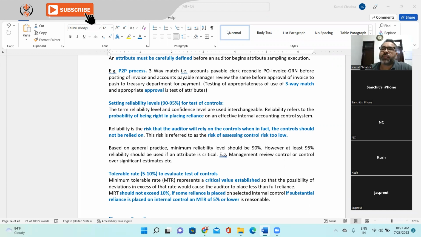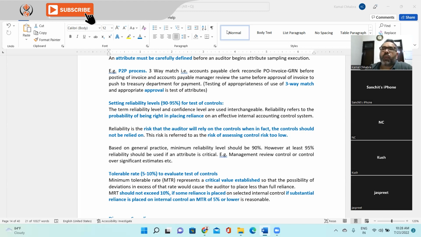For example, from a population of 1,000, you have selected 25 samples, and those 25 have, for any reason, come out all perfect, whereas in the rest of the 975 population, let's say 100 items are wrong.